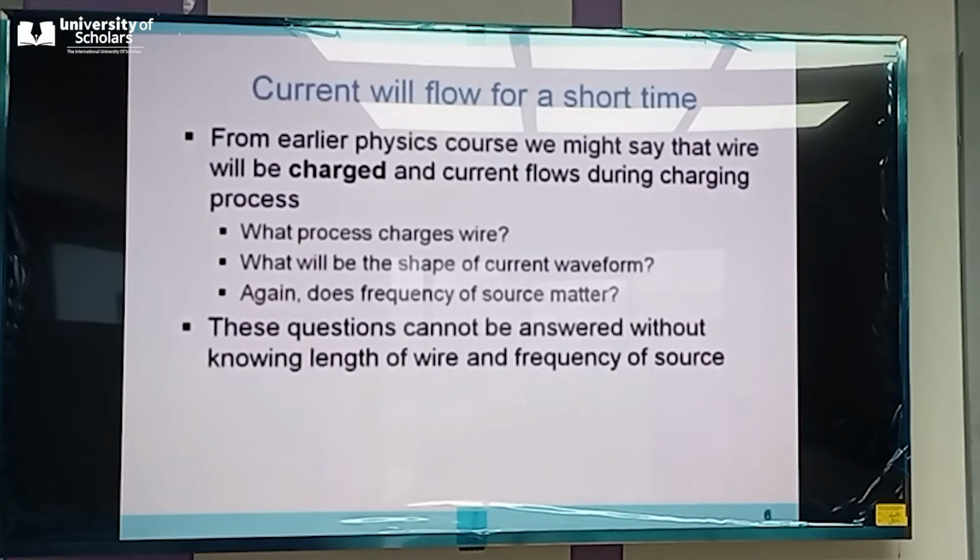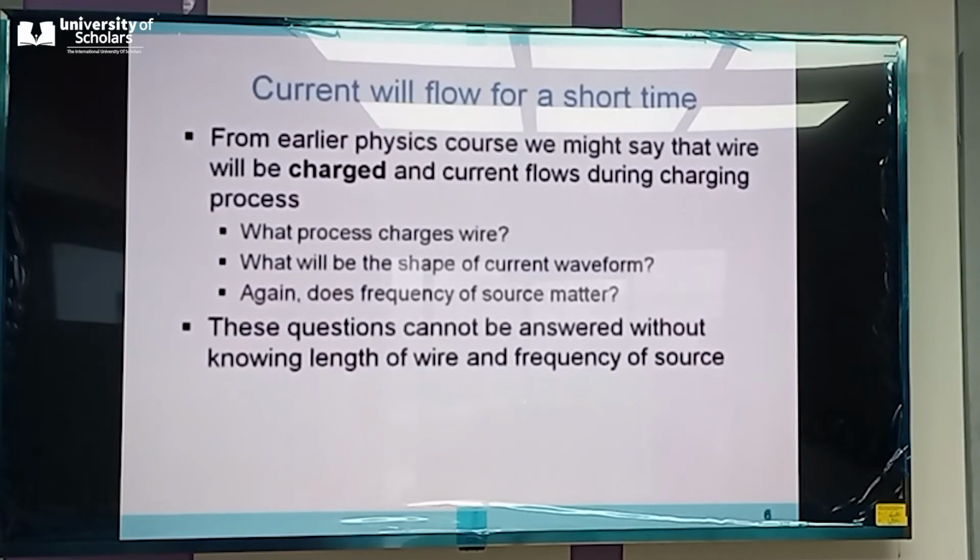And so the question is, what process causes the charging of the wire? Or what is the exact voltage waveform? Does that depend again on the frequency of the source?